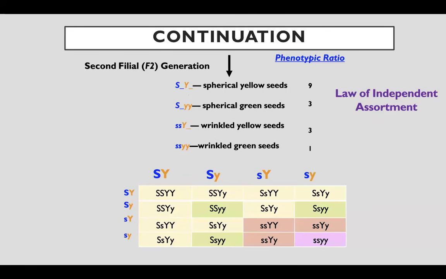So if there's a question with parents heterozygous for both genes, you can easily find the ratio because it's given to you: 9 to 3 to 3 to 1. So 9 dominant dominant, 3 dominant recessive, 3 vice versa, recessive dominant, 1 recessive recessive.